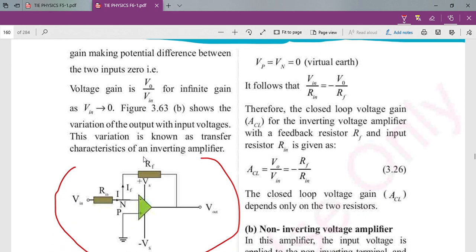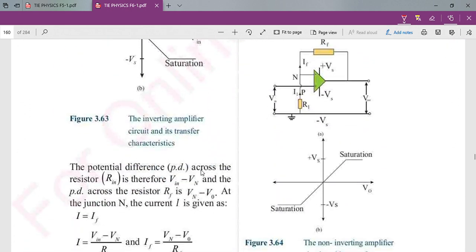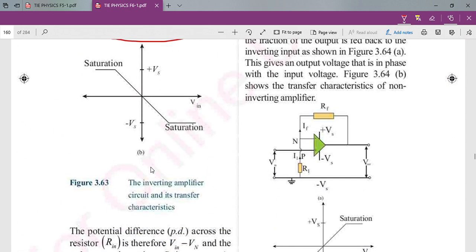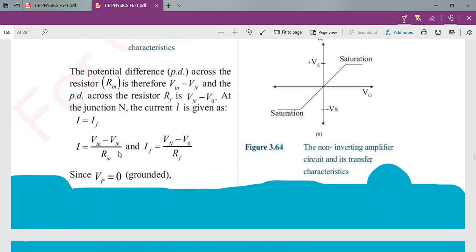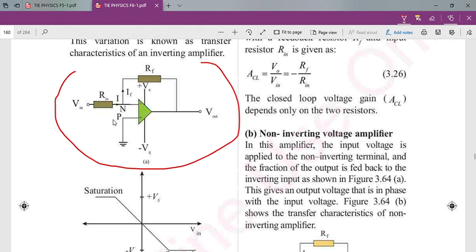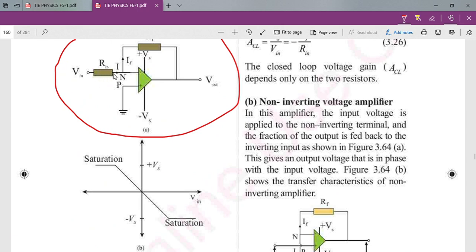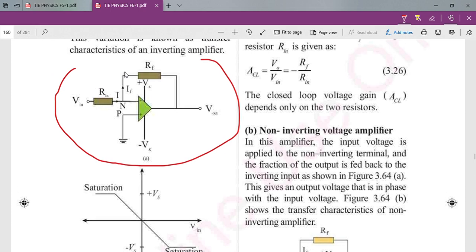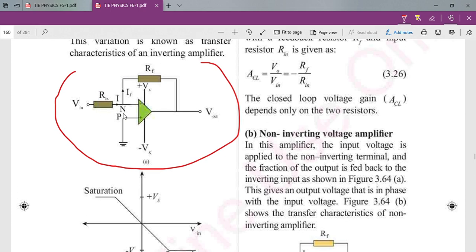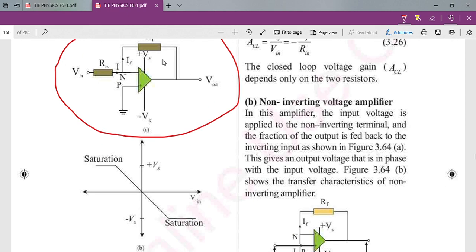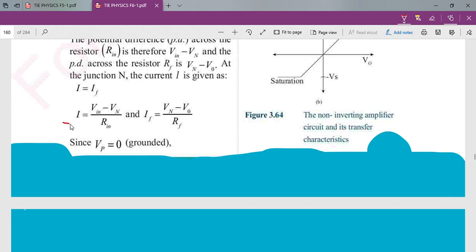From Ohm's law, I is equal to V over R, taking this voltage over this R. For IF, it will be VO over RF. But there is a potential difference here, so we take Vin minus Vn over Rin is equal to Vn minus Vo over Rf.